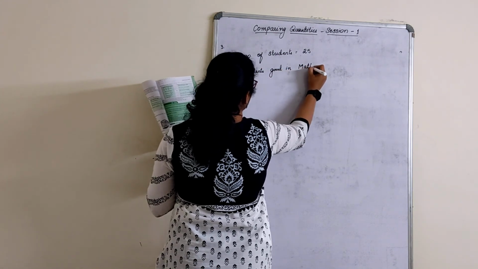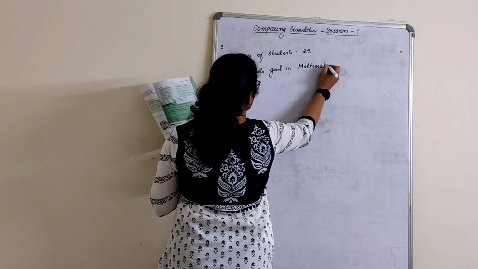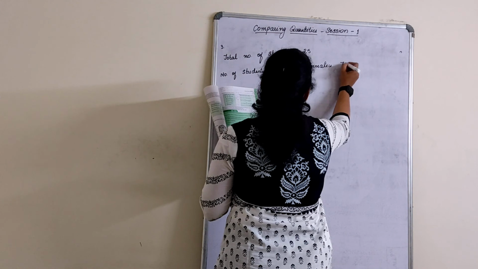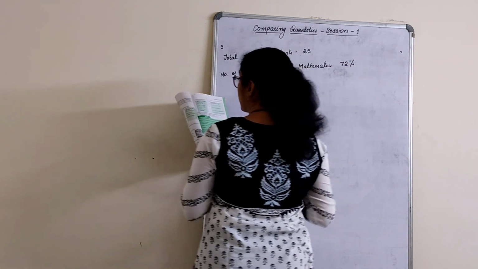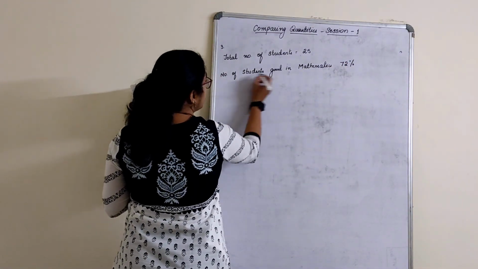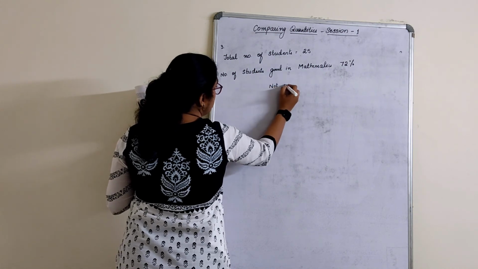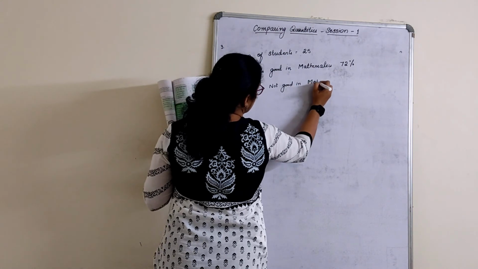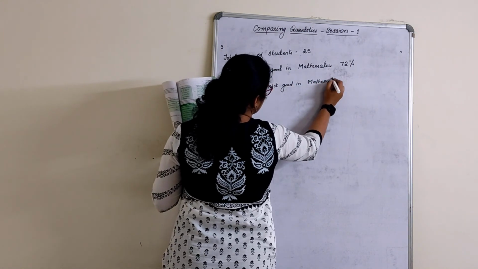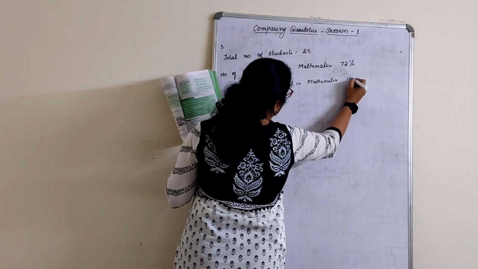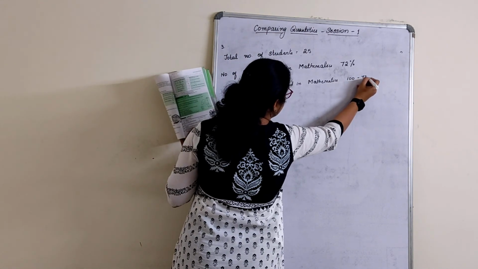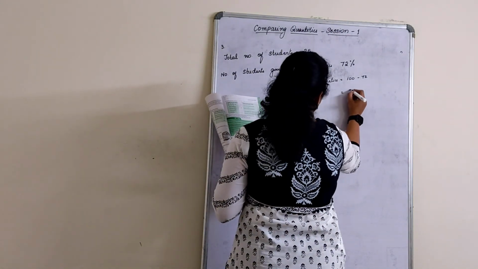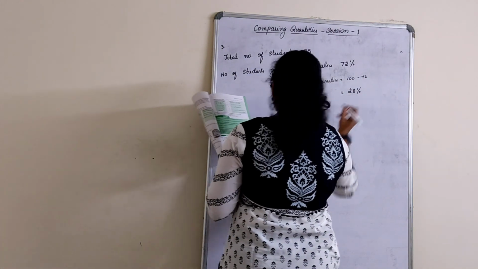How many? They have given 72% of 25. So they are good in mathematics. Not good in mathematics, how many? 100 minus 72, because it is out of 100, right? So not good in mathematics is 28%.